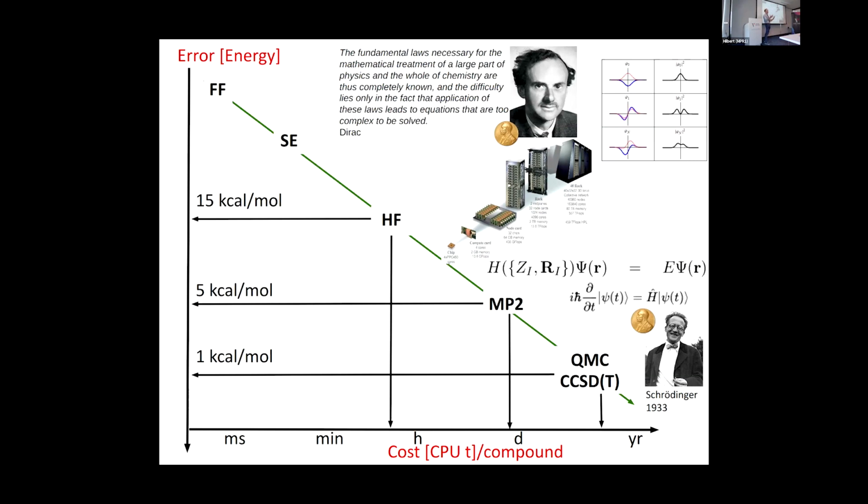If you want to fully understand compound space, we need to understand that part for sure as well. Now, what you see here are different approximations to solving Schrödinger's equation: force fields, semi-empirical methods, mean field methods such as Hartree-Fock, MP2 (Møller-Plesset second order perturbation theory), quantum Monte Carlo, coupled cluster singles and doubles. Some of these methods were mentioned already today, right?